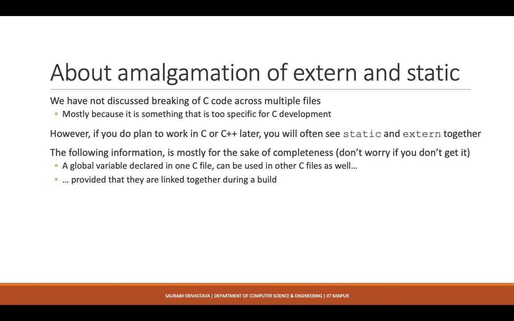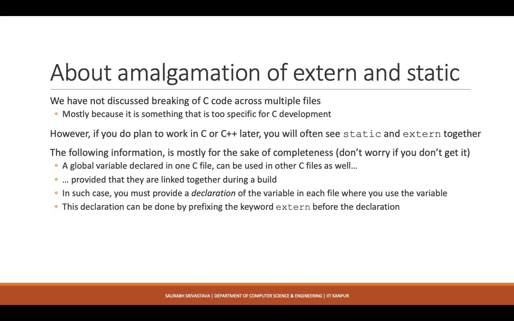So a global variable which is declared in one particular C file can actually be used in other C files as well. If you link them together during a build process, a global variable created in one C file can actually be used by code in another C file. In this case, you need to provide a declaration for that variable in each file where you are planning to use it.